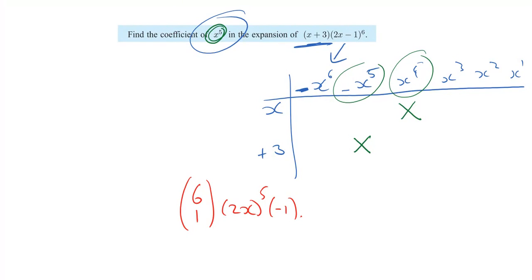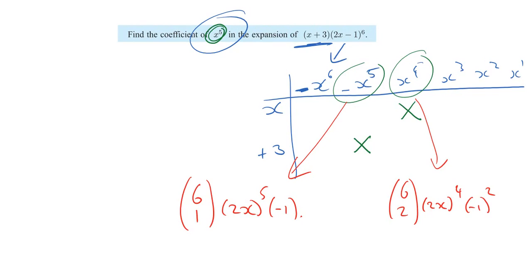The other term we're going to need is 6, 2. We're going to have 2x to the power of 4 for this one, and a minus 1 being squared. Now, I'm doing this a lot quicker than usual, but that 2x is my a and the minus 1 is my b. I'm putting them into the binomial theorem as I'm getting these.